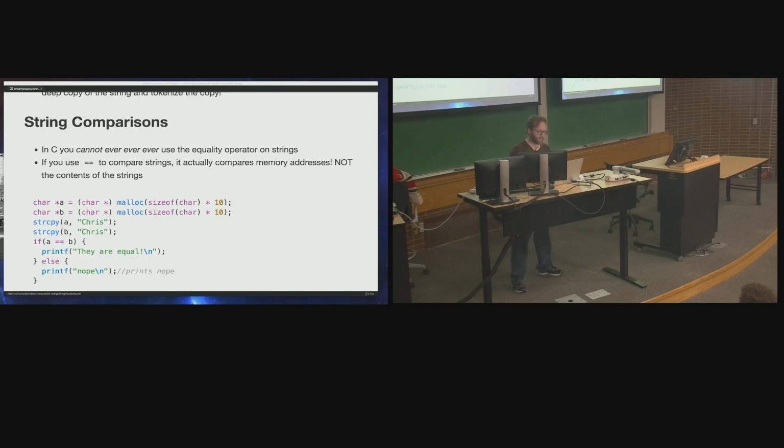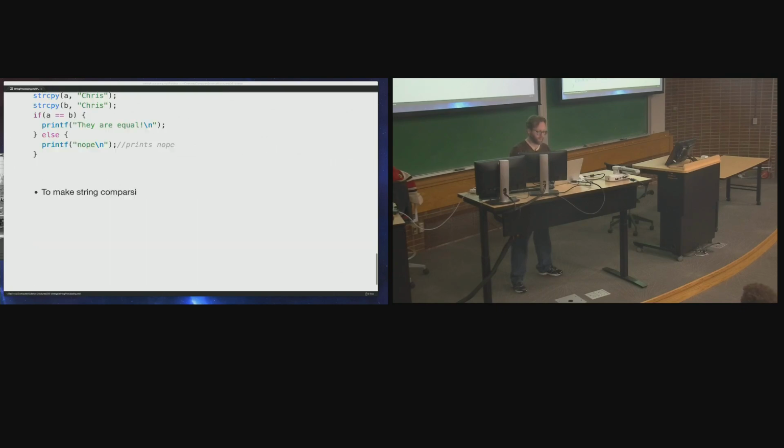To make string comparisons in C, you use the strcmp function. What do you think strcmp is short for? String compare, or comparison. It takes two arguments, the strings you want to compare.